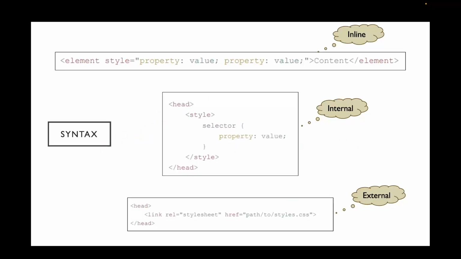So these are the syntax where inline is applied directly inside the element itself, internal means within the style tag which is present in the head section, and external means with the link tag we can provide the relation to that HTML file with the extension of .css file.